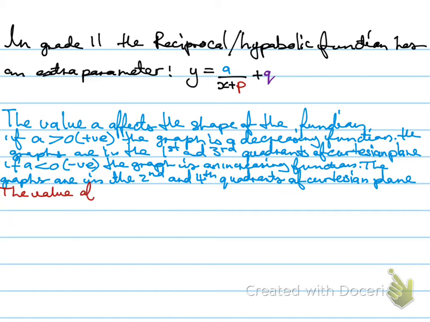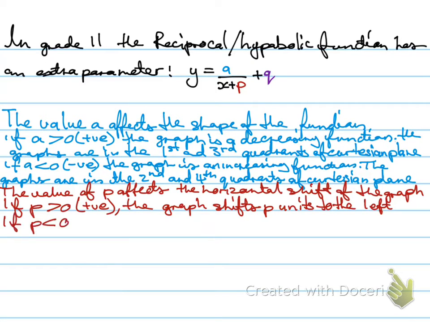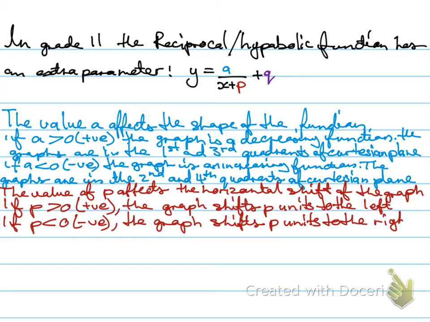Now looking at the parameter p, it affects the horizontal shift of the graph. If p is greater than 0, that is positive, the graph shifts p units to the left. And if p is less than 0, that is negative, the graph shifts p units to the right.